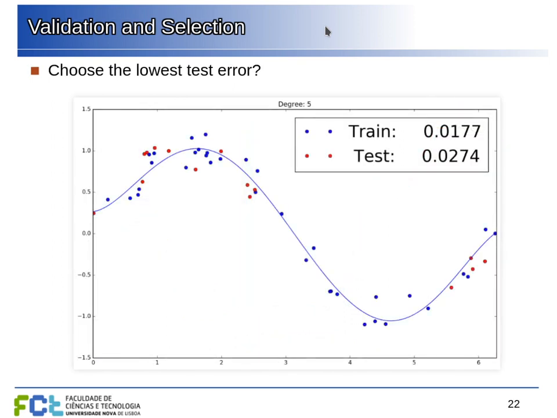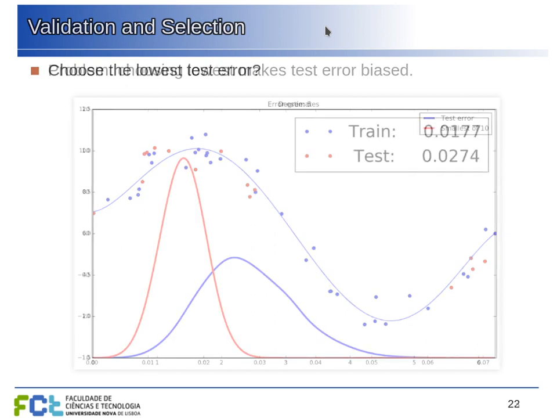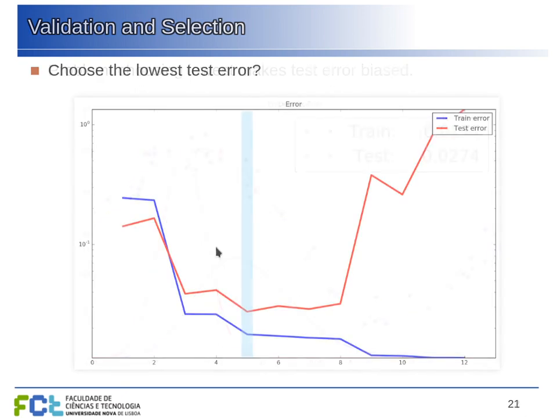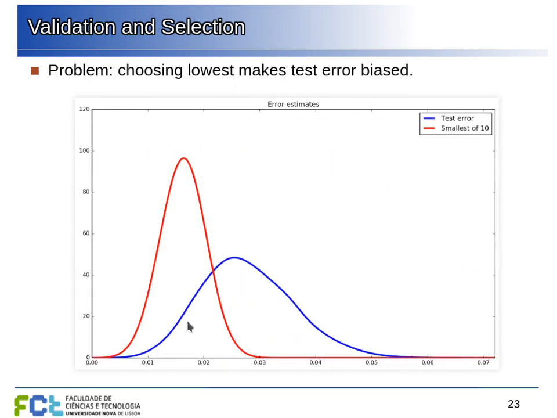Now, the problem of doing this is that, remember, the test error is an unbiased estimate of the true error. So for each of these points, if we take one measure of the error here, the test error, and we take another here and another here and so on, each of them individually comes from this distribution that is unbiased.